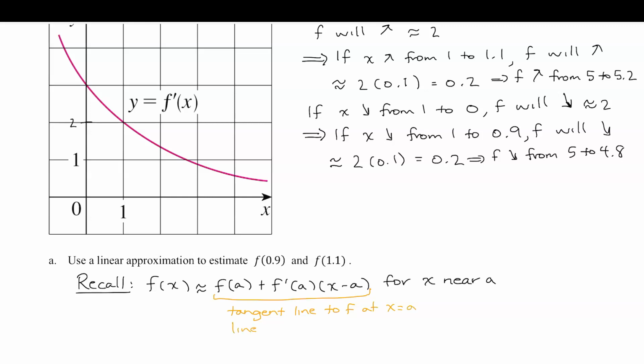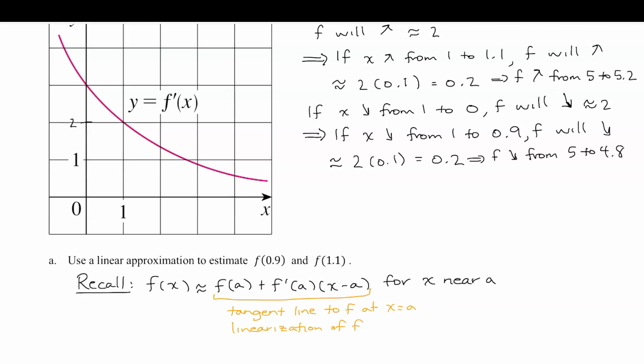Remember, this equation is the tangent line to f at x equals a. We can also call it the linearization of f.